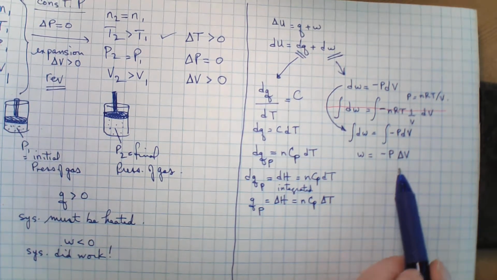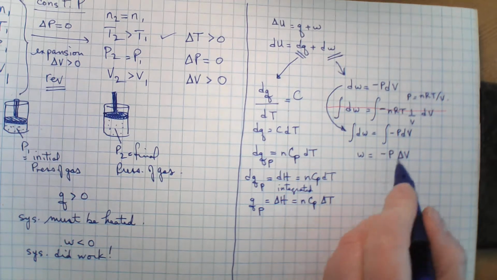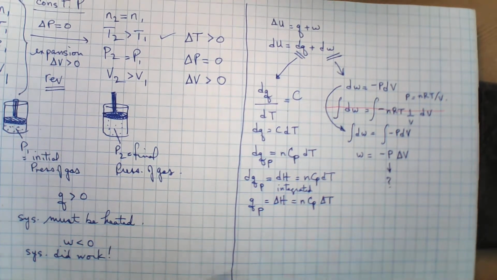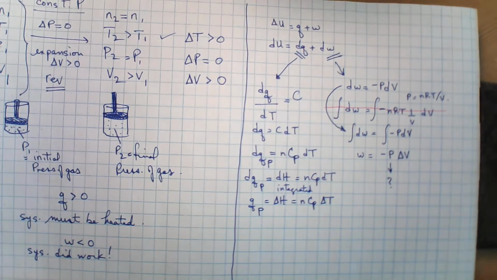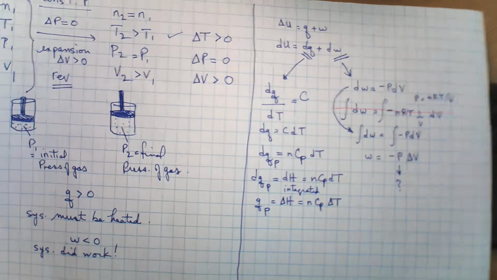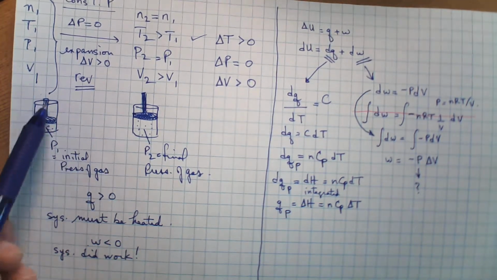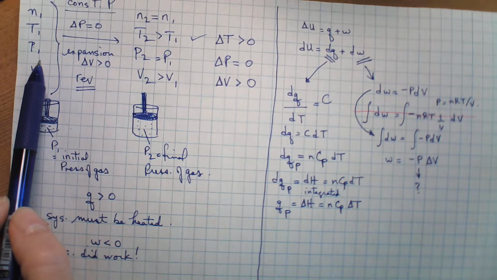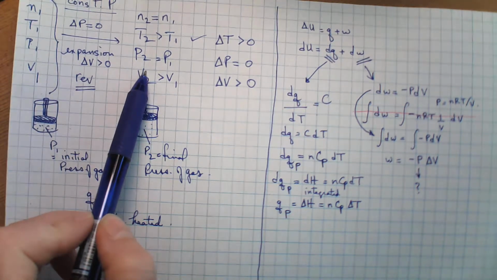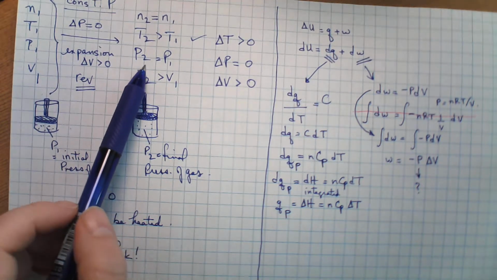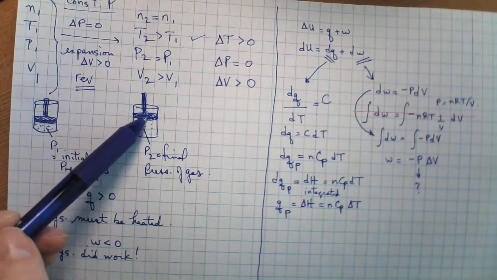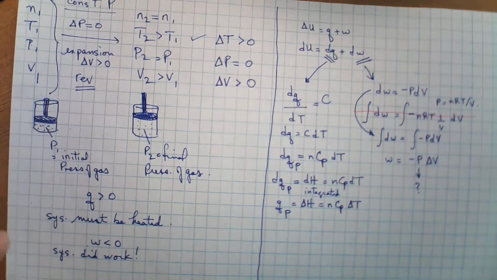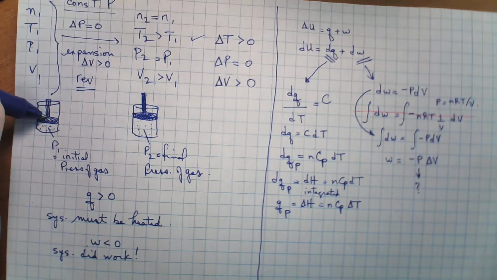And so what P do I use here? Let's come back over here. So the pressure initially is the same as the pressure finally, and it really is the pressure against which my gas is expanding.